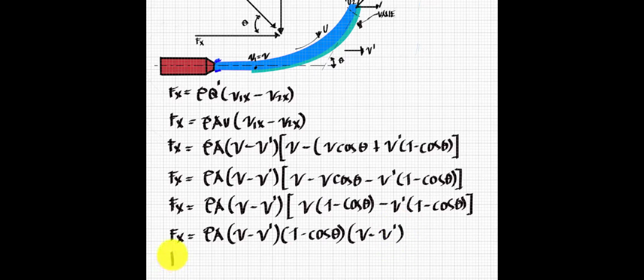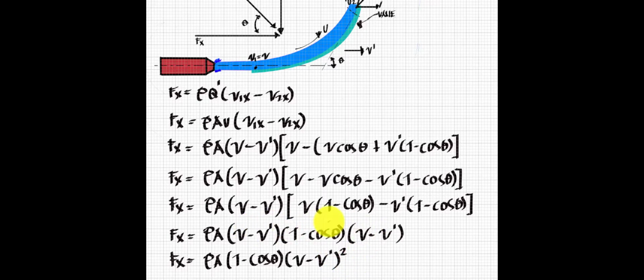and we can further simplify this equation into, since this one is common, so we can say that this one now is velocity of the jet minus velocity of the vane, that will be squared.